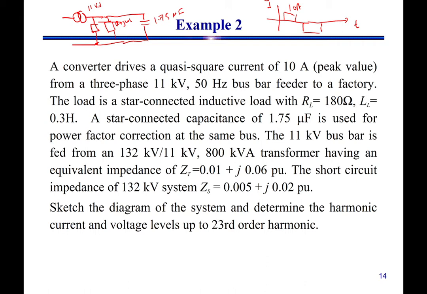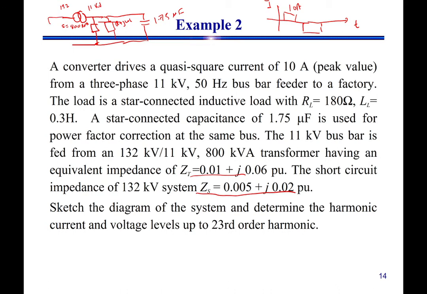It is fed from a transformer, and the transformer will step down the voltage from 132 kV to 11 kV. The size of the transformer is 800 kilovolt ampere, having an equivalent per unit impedance, and there is the short circuit impedance of the 132 kV system.